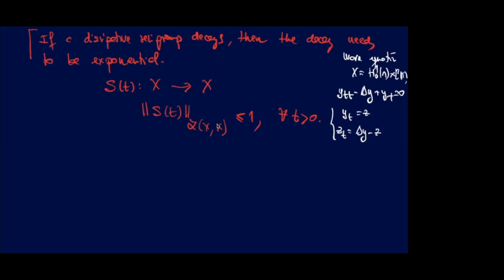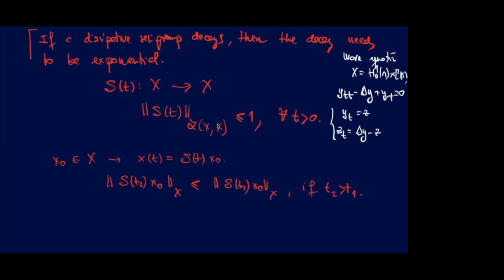This simply means that whenever you take a trajectory, given x0 in X, you look at the corresponding solution generated by the semigroup, S(t)x0. You can definitely guarantee that the norm of S(T2)x0 in X is less than the norm of S(T1)x0 in X if T2 is greater than T1.